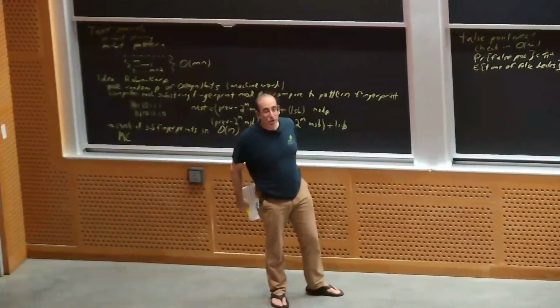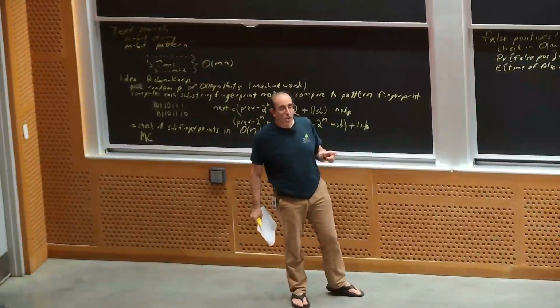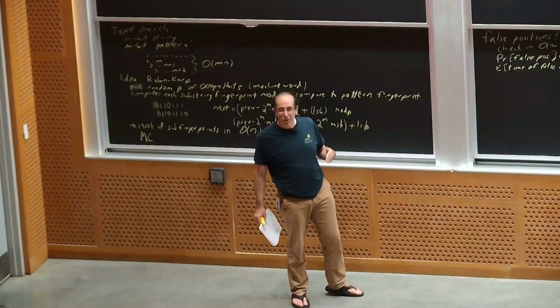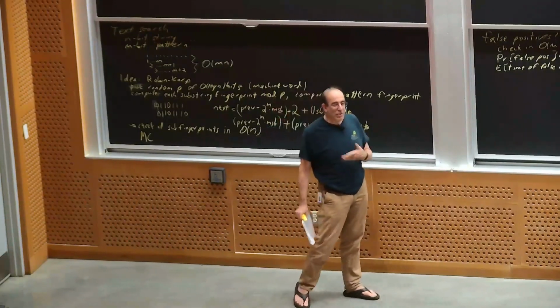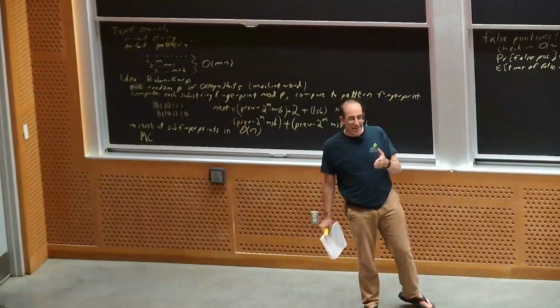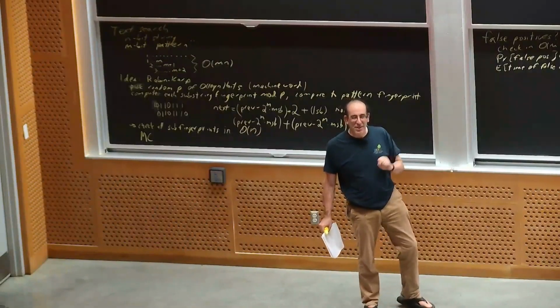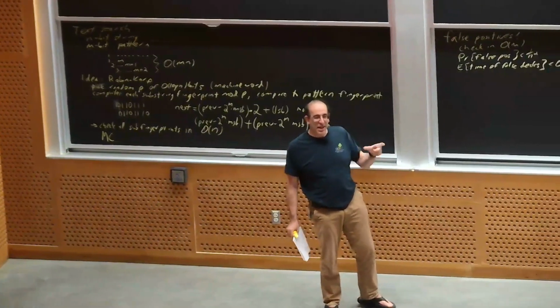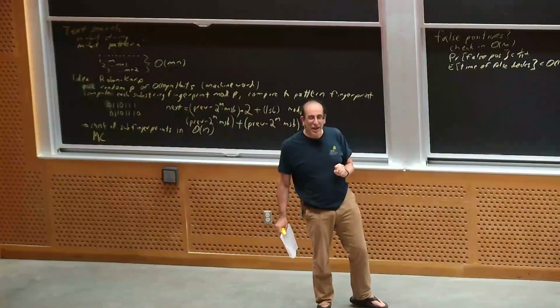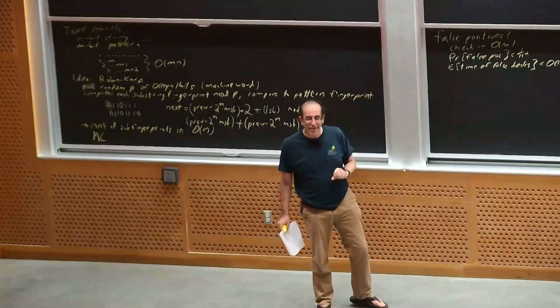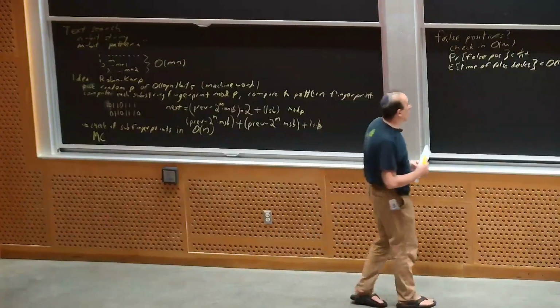You do have to worry, though, about true checks, right? So if there are many actual occurrences of the substring, you will be confirming each of them. So if you have a string of all A's and you are searching for the substring of all A's, then for this Las Vegas guarantee, you would need to check every substring that it is in fact all A's, and this would take you back to order Mn.